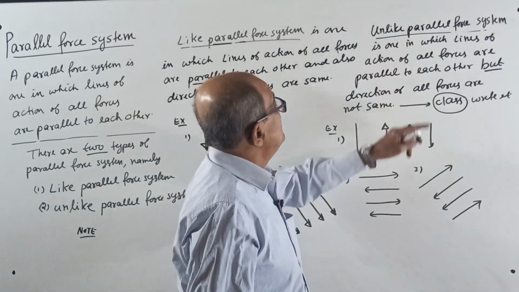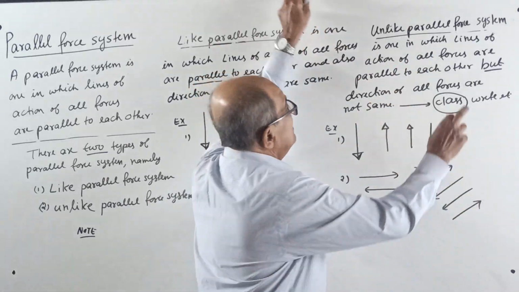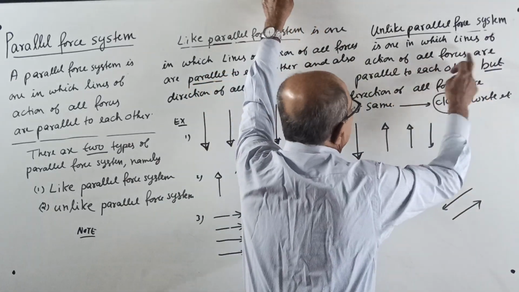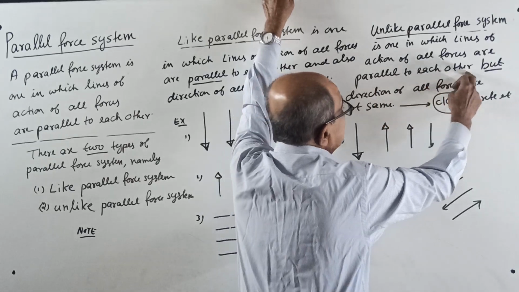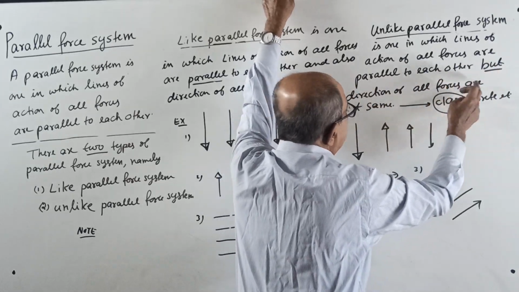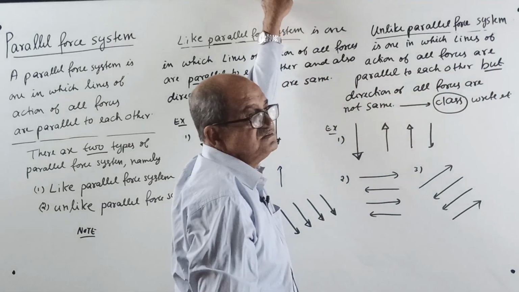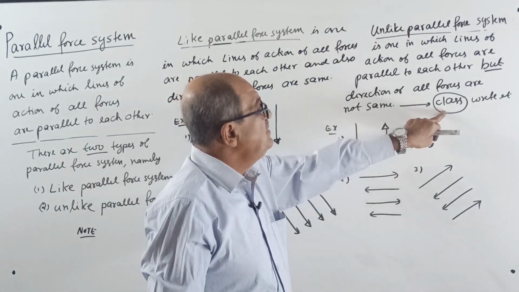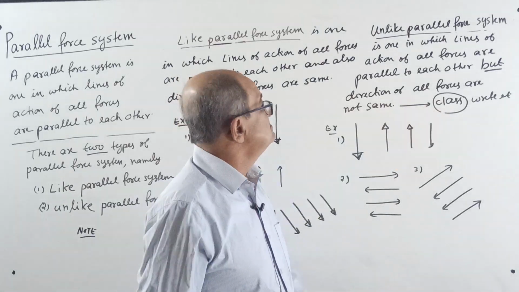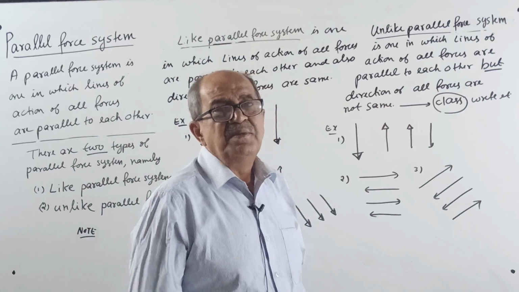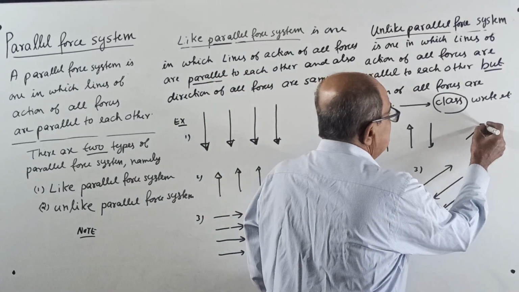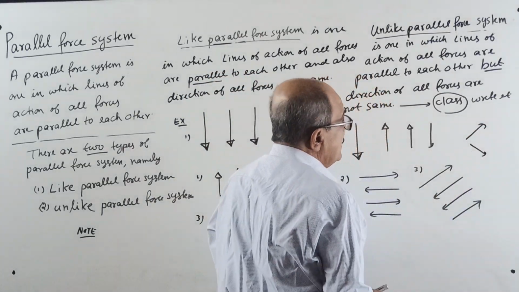Unlike parallel force system is one in which lines of action of all forces are parallel to each other, that is compulsory, but the direction of all forces is not the same. Now, something I will tell, you have to add it. Direction not same does not mean one force this way and one force that way randomly.